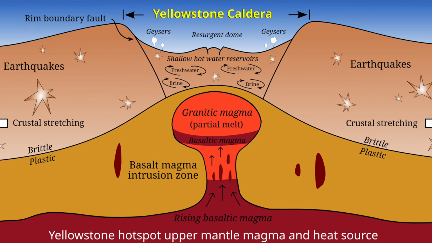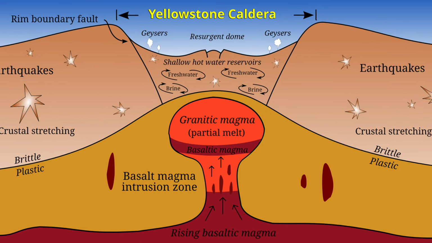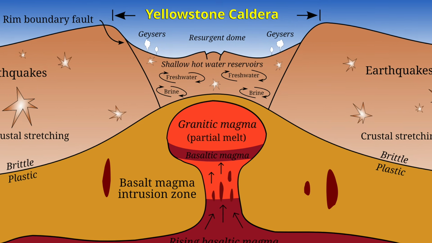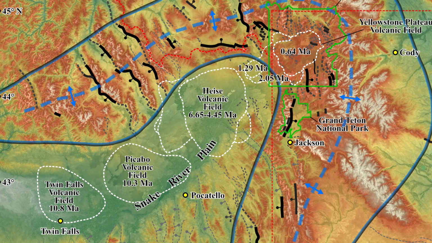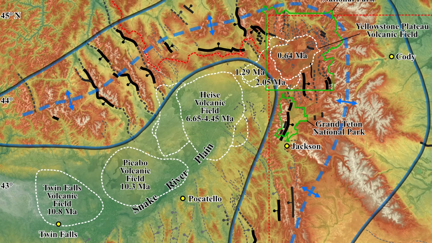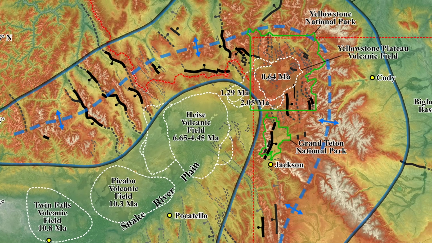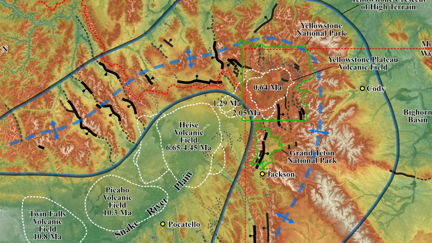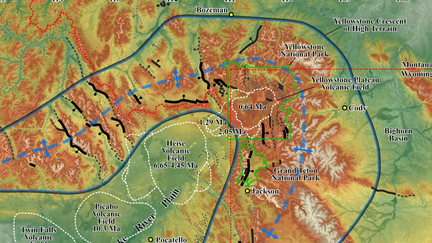In addition, expansion of the magma chamber beneath the current Yellowstone Volcanic Center continues to increase elevation of the plateau to this day. A combination of these factors contributed to what Pierce called the Yellowstone Crescent of High Terrain, at the apex of the Snake River Plain, similar to a mountainous cul-de-sac.